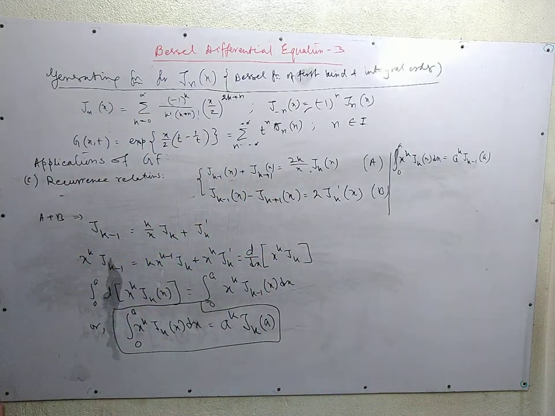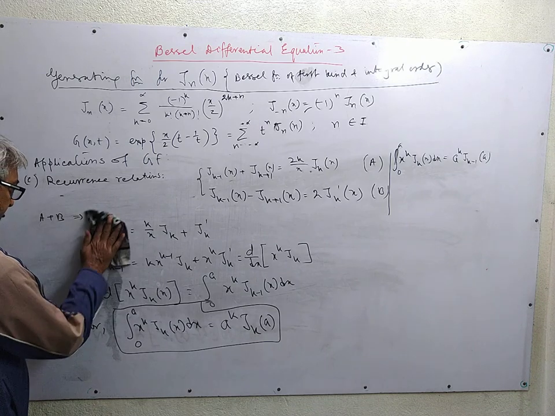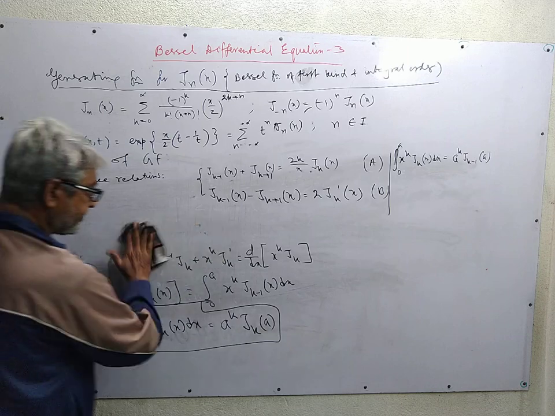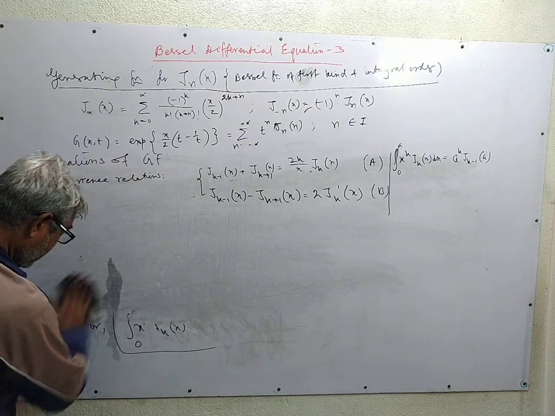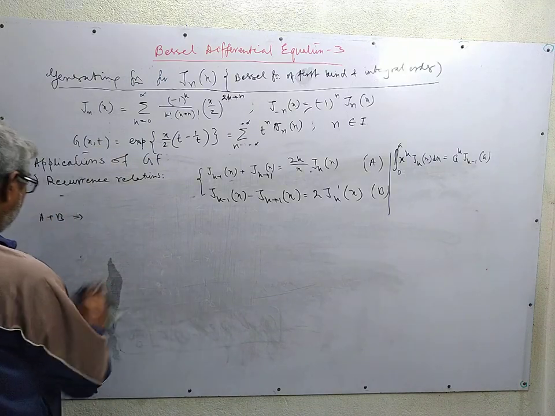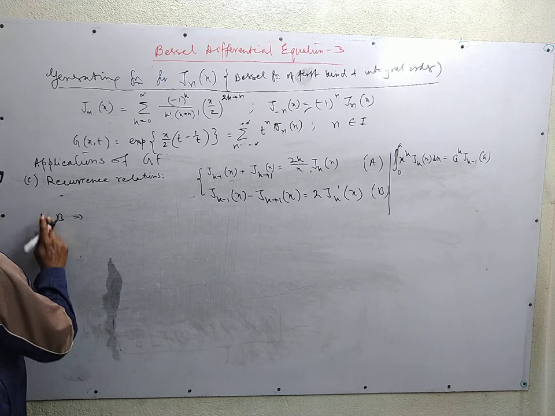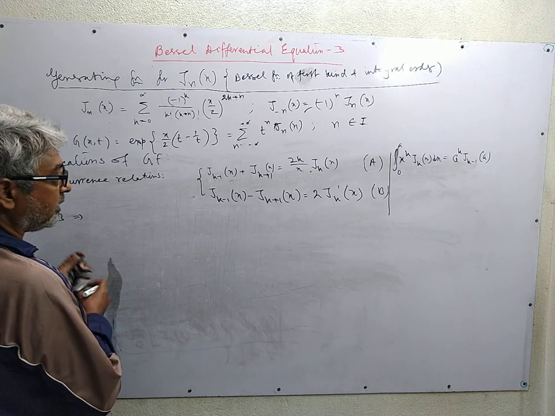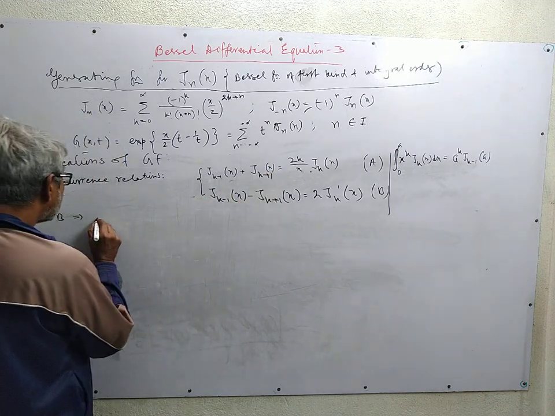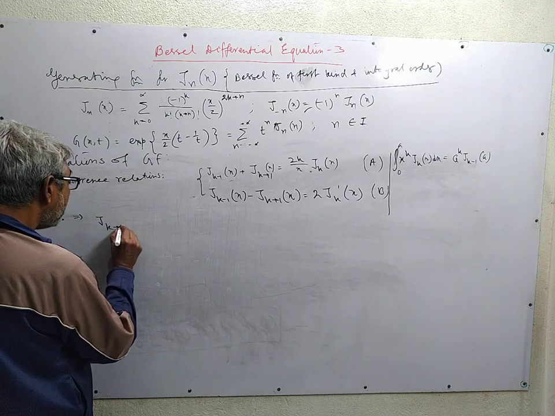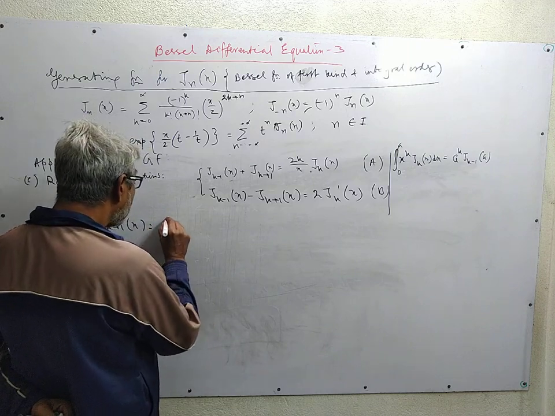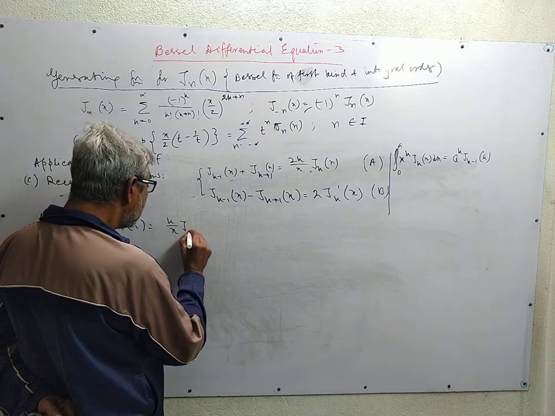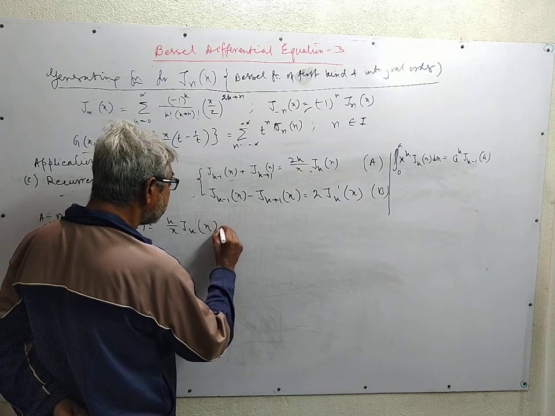Now if we subtract B from A, we get J_{k+1}(x) = (k/x) J_k(x) - J_k'(x).